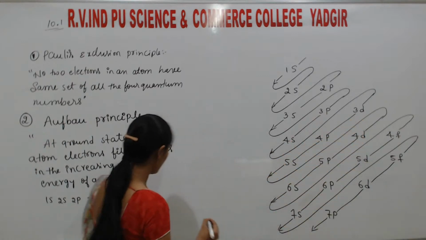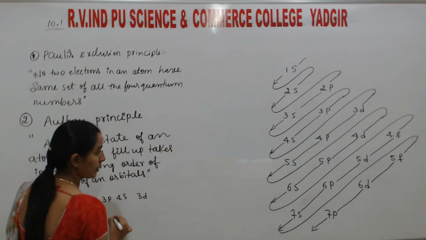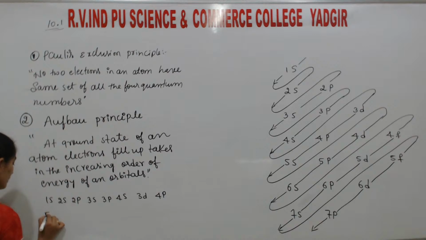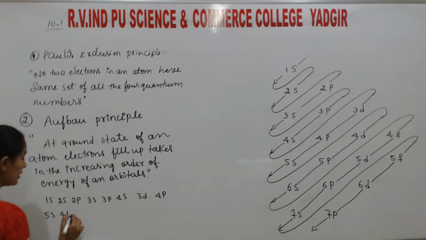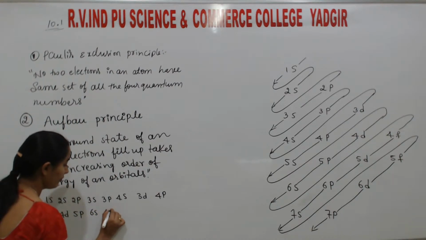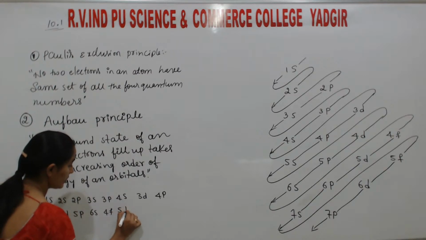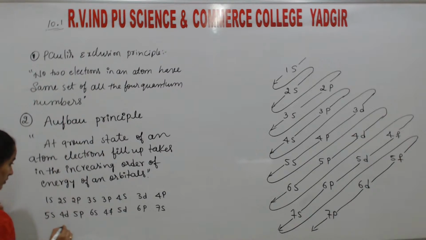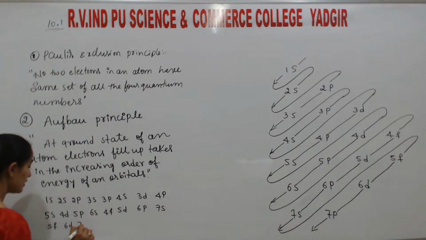Next 3d. Next 4p, 5s, 4d, 5p, 6s, 4f, 5d, 6p, 7s, then 5f, 6d, 7p.